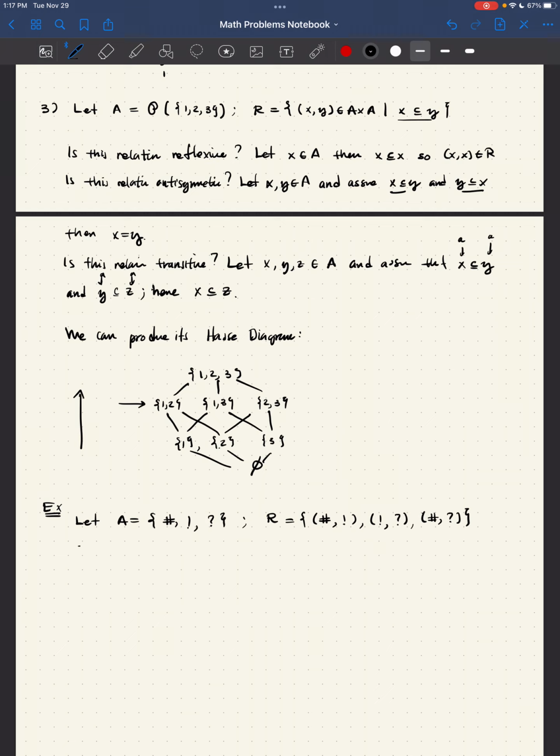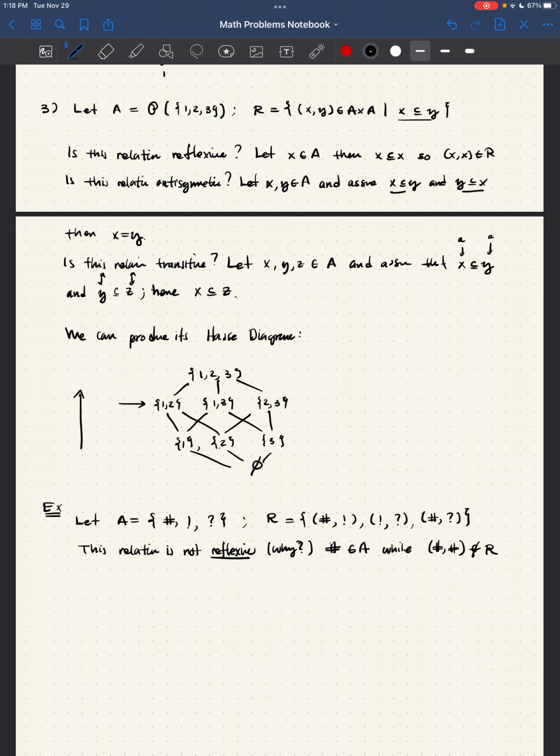Well, no. Why? Well, look, observe that this symbol belongs to A, while the ordered pair with the symbol doesn't belong to R. In other words, the pawn sign is not related to the pawn sign.